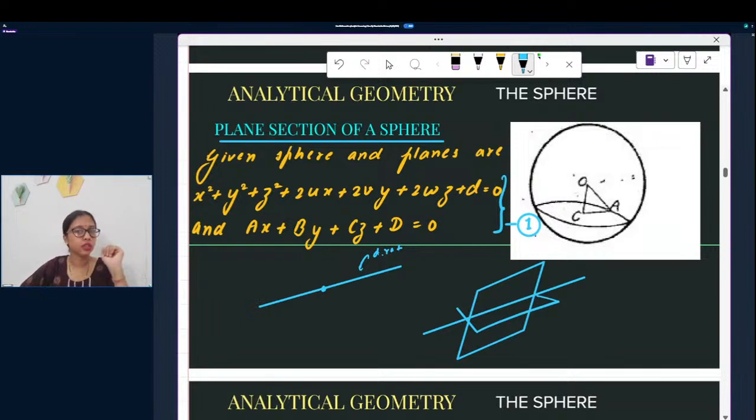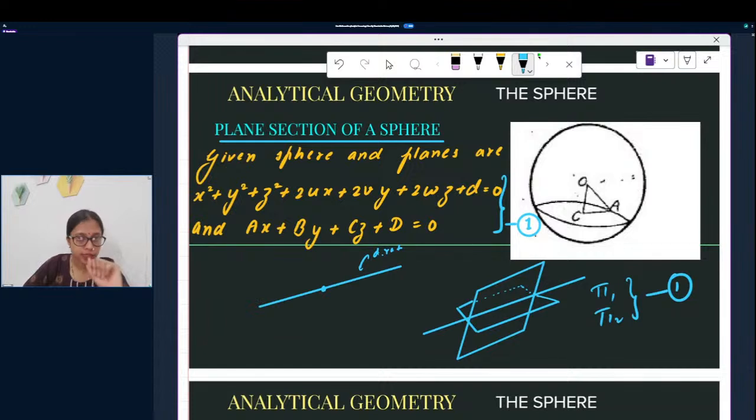We write the general equation by mentioning these two planes: a1x plus b1y plus c1z plus d1 is equal to 0 and a2x plus b2y plus c2z plus d2 is equal to 0. Those two planes, pi1 and pi2, I name them as 1 because combined they represent a straight line.